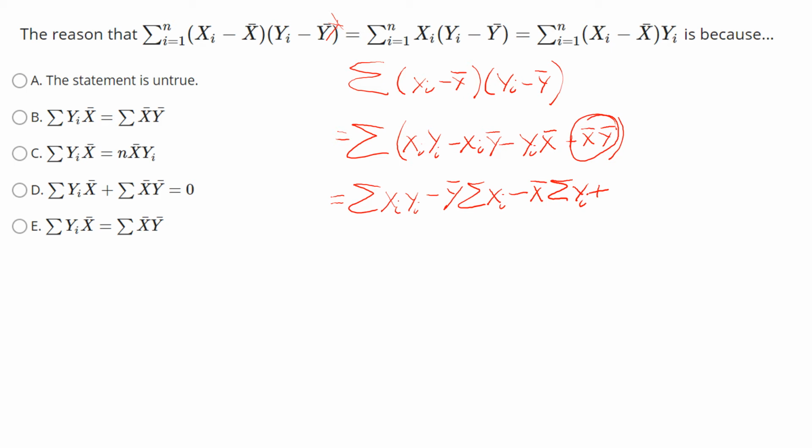Therefore, we can just write this as n x bar y bar, because the sum of a constant n times equals n times that constant.